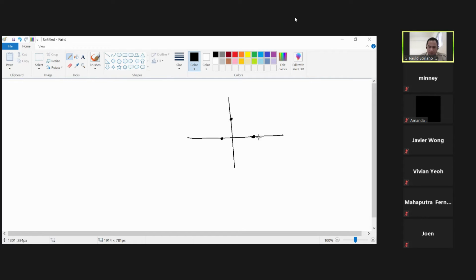Once you find your x-intercept, the next thing that you need to find is now your vertex, or another name for the vertex is actually a turning point. And then you just connect it, x-intercept, y-intercept, vertex or turning point, and then go down. Okay, and done. You have a parabola.